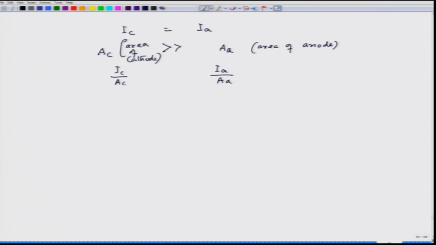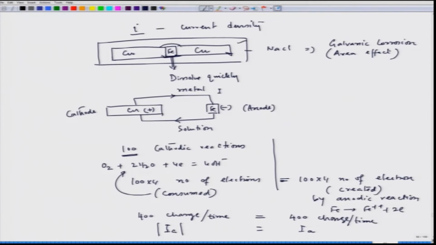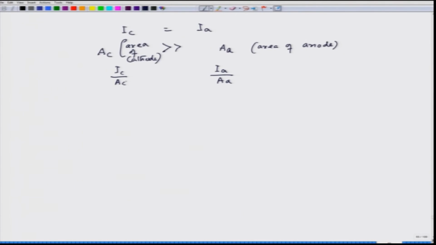Since A_C, the copper area exposed to the solution, is the cathodic area, copper behaves as a cathode in that situation. In that case, the area of cathode is very large. Looking at this ratio, since A_C is much greater than A_A, I_A should be greater than I_C.